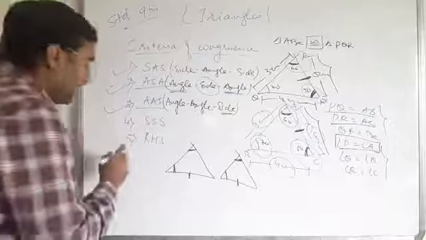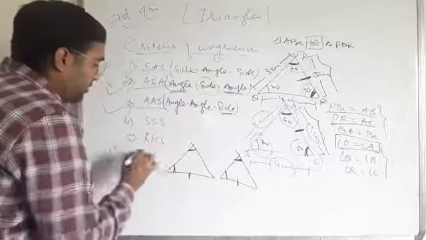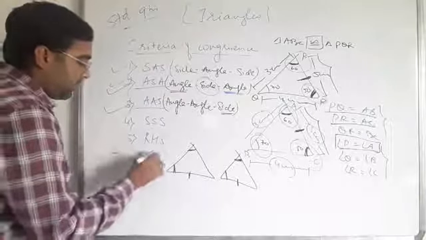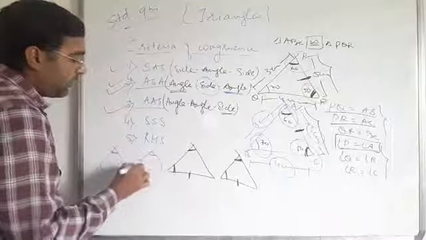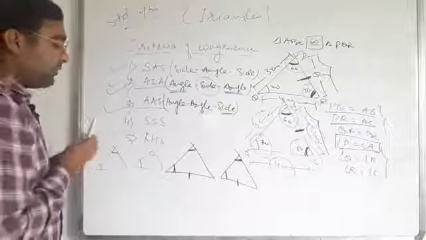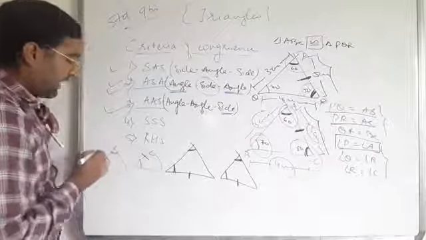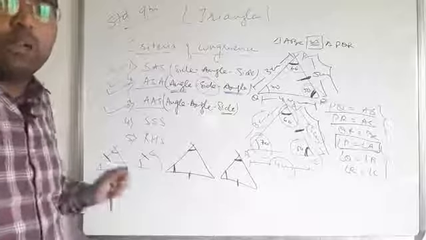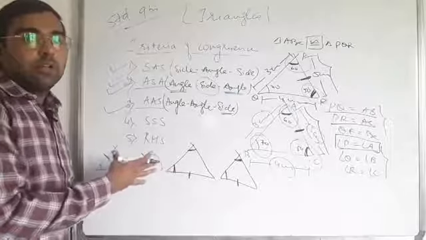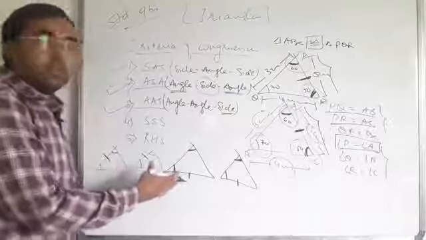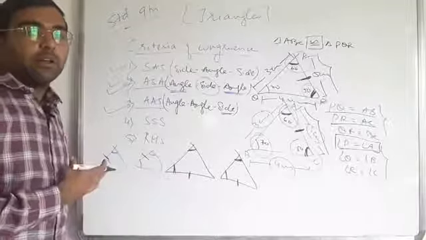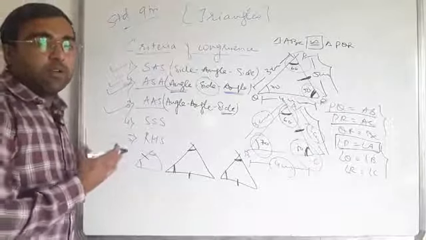So in angle side angle, I show again, the side is between the two angles, so we must take this side. In these two congruency criteria, the side is in a different place in the order.